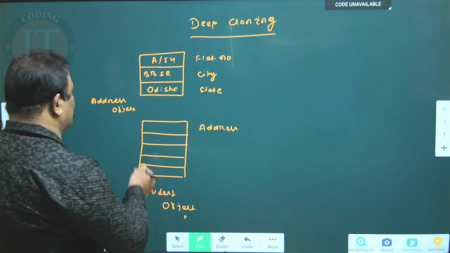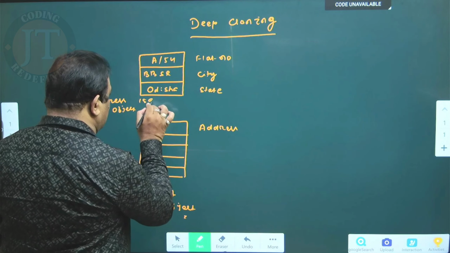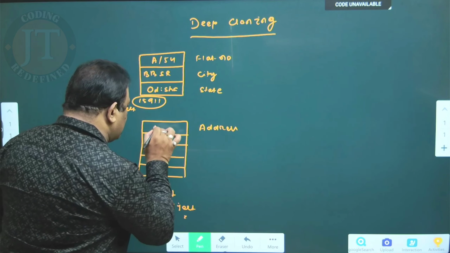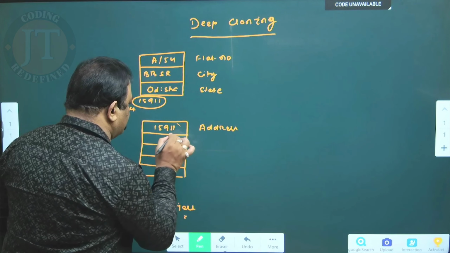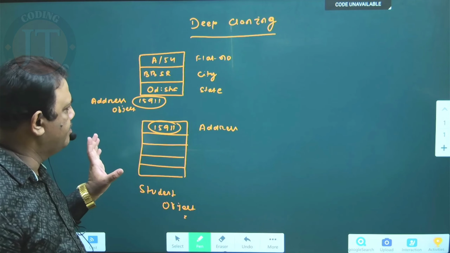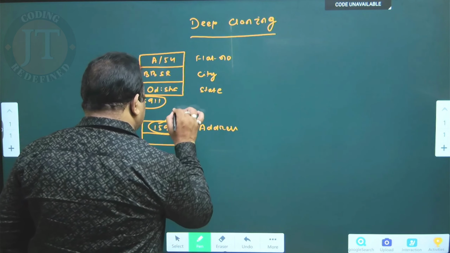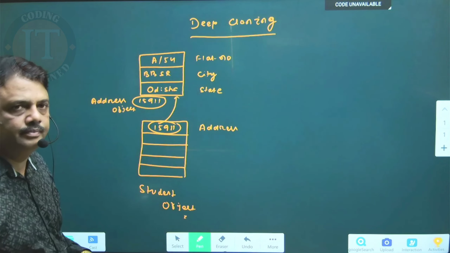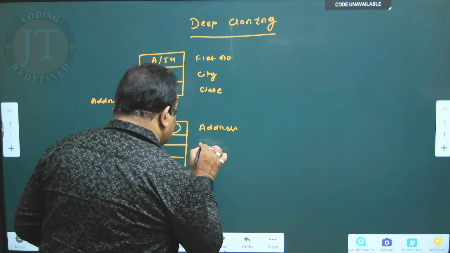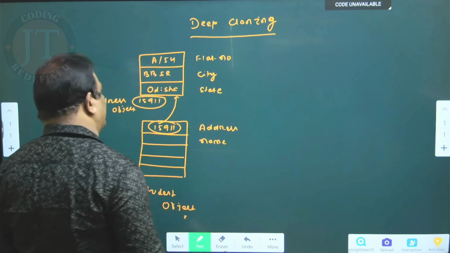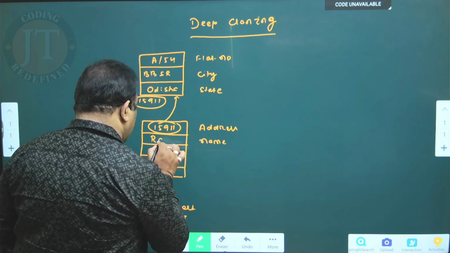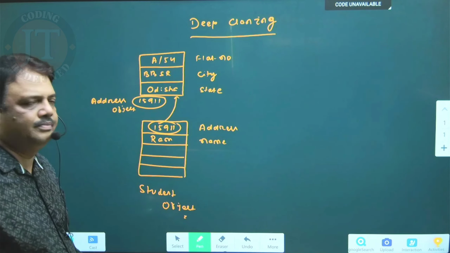Take an example: if the base address of the object is 15911, it contains 15911 because it is holding the reference of this class, pointing to this area. What does it hold next? It holds the name. Take an example, the name is Ram.